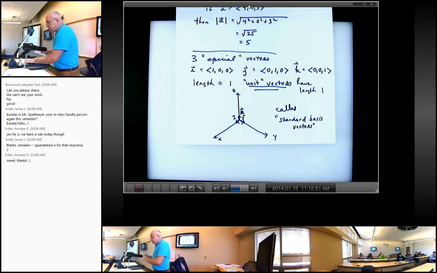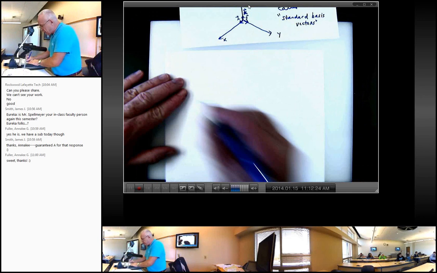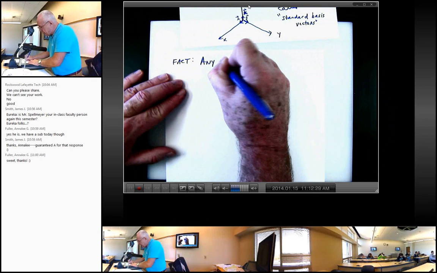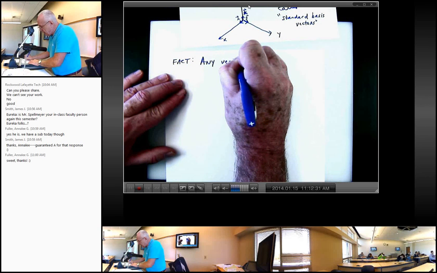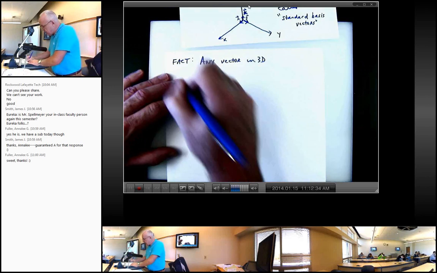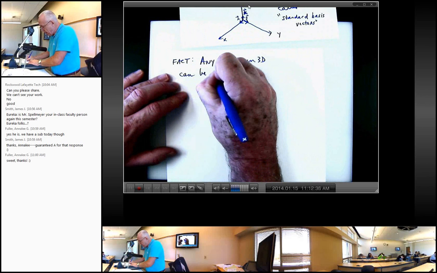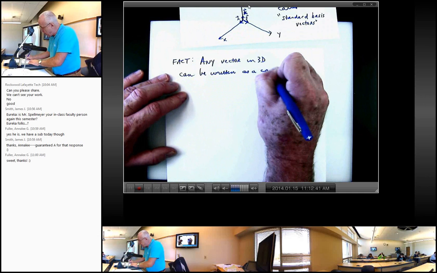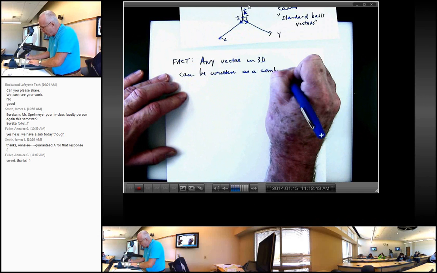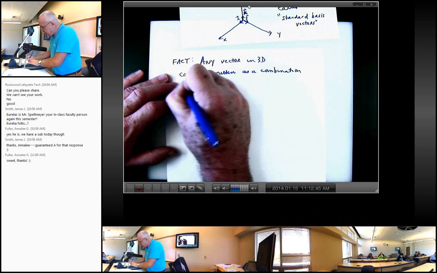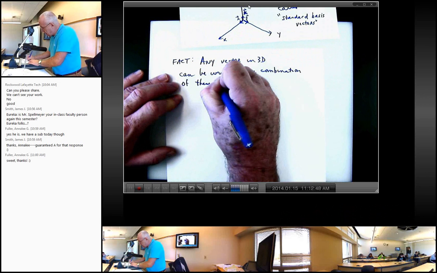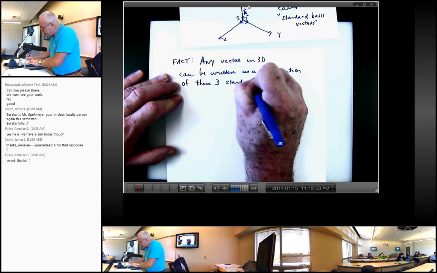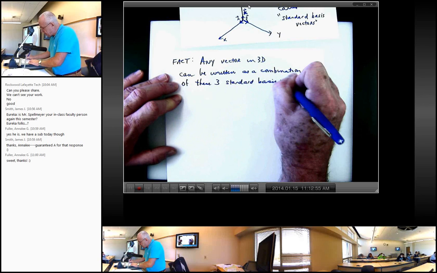So let's put this back down here. Any vector in 3D can be written as a combination of these three standard basis vectors.